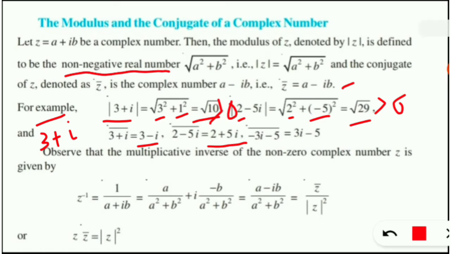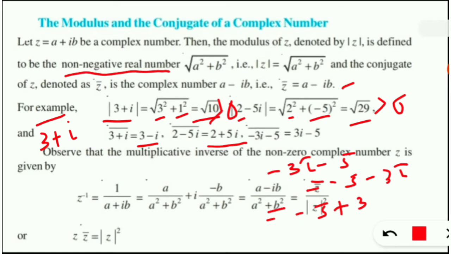Again minus 3i minus 5, this can be written as minus 5 minus 3i, so minus 5 minus of minus 3i, that means plus 3i, so the answer is minus 5 plus 3i, or 3i minus 5. Clear? That means only we put minus i in the place of plus i. Okay, clear?